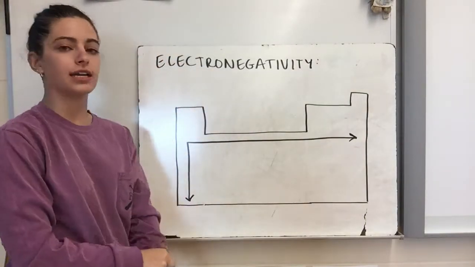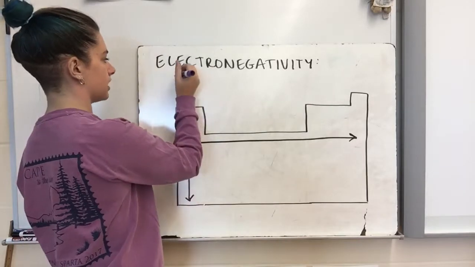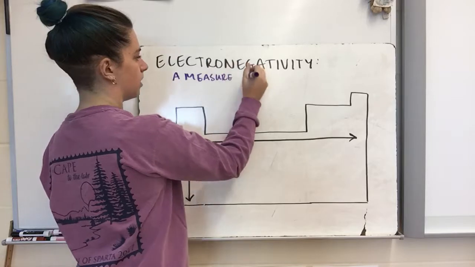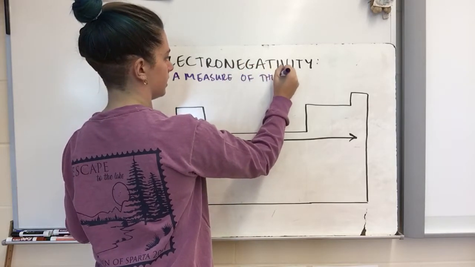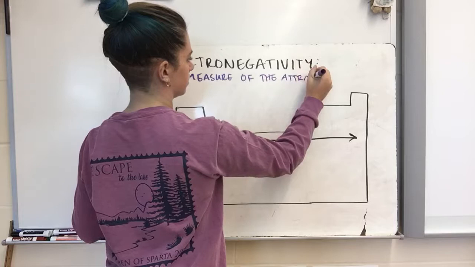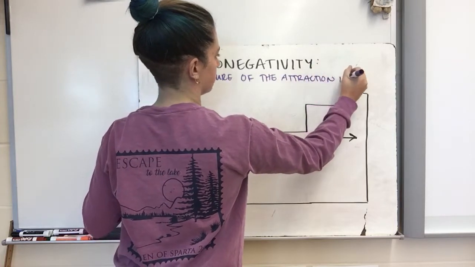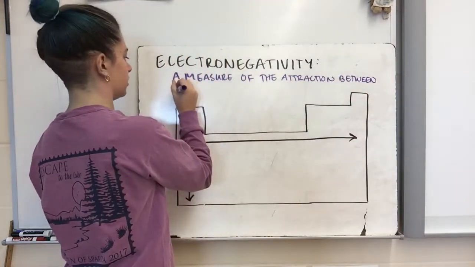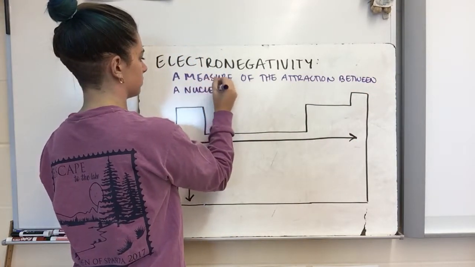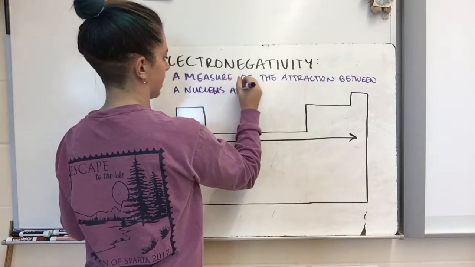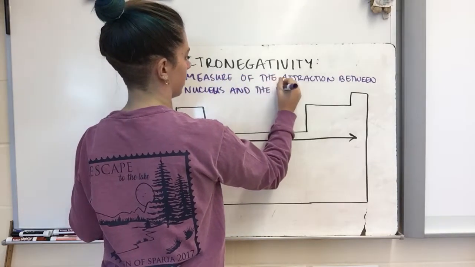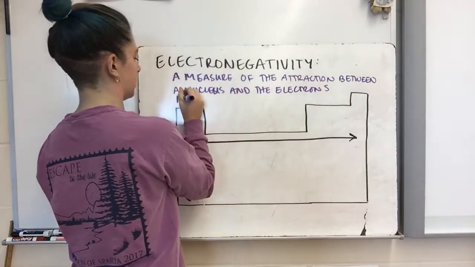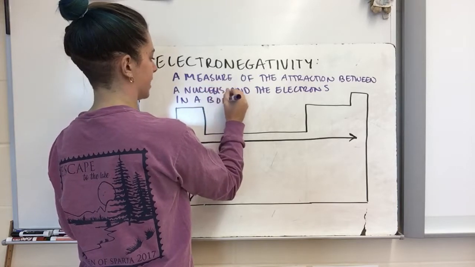The last trend that we're going to look at is called electronegativity. And electronegativity is a measure of the attraction between a nucleus and the electrons in a bond.